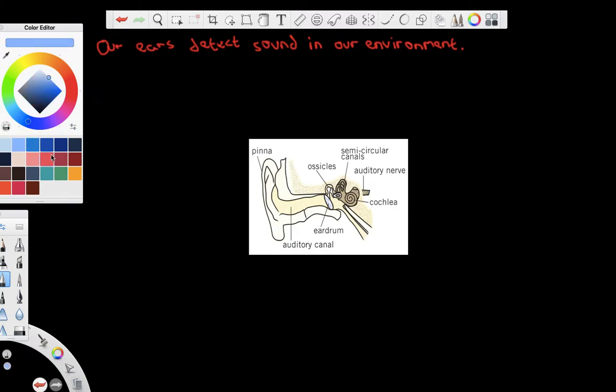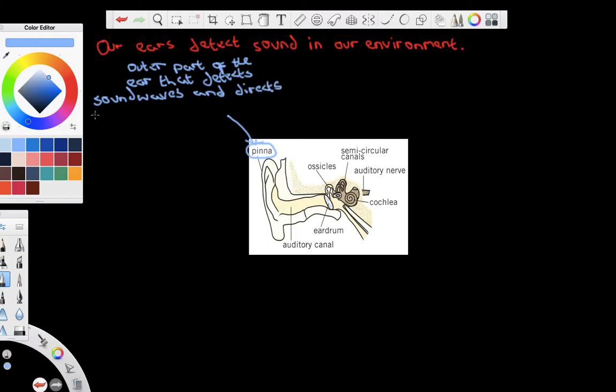So we can start by saying, and I'm going to circle them in colour so you know what I'm defining, that the pinna is the outer part of the ear that detects sound waves and directs them to the auditory canal.